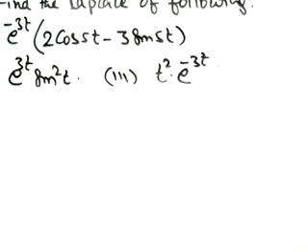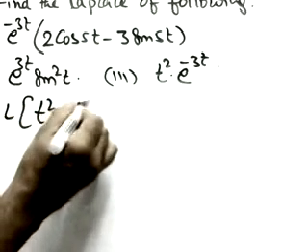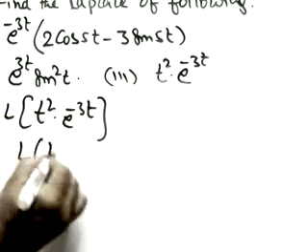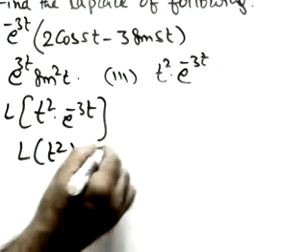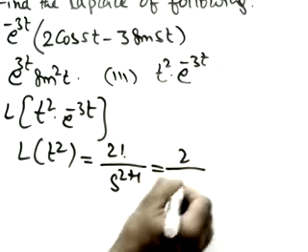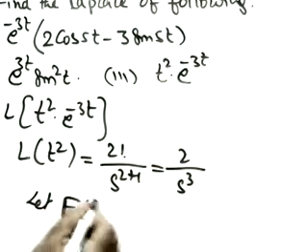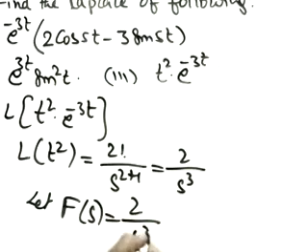So the next question is t square into e power minus 3t, Laplace of t square into e power minus 3t. You first find the Laplace of t square. Laplace of t power n is n factorial by s power n plus 1. 2 factorial is 2 divided by s power 3. So let me denote this with capital F of s, 2 divided by s cube.